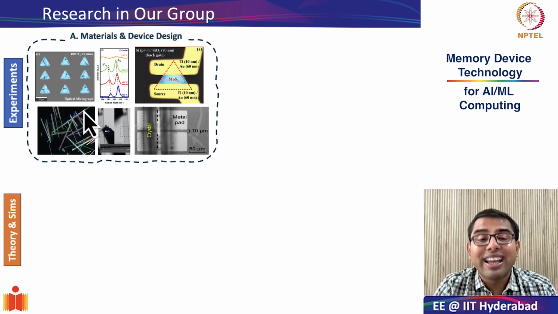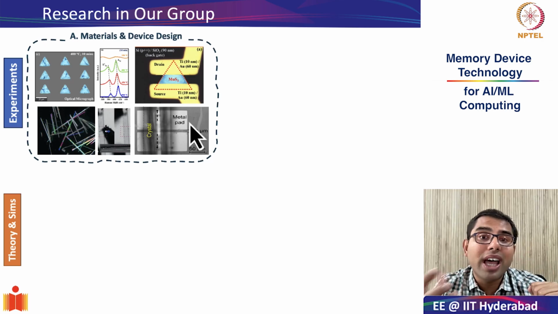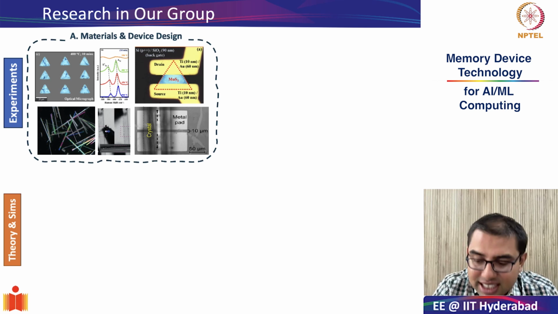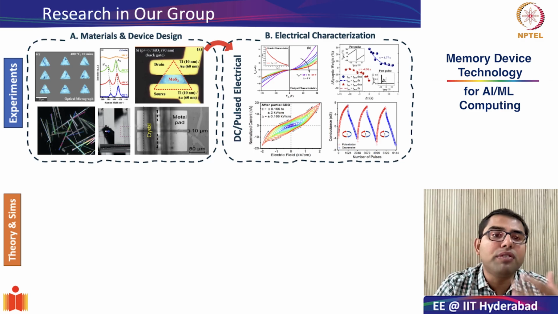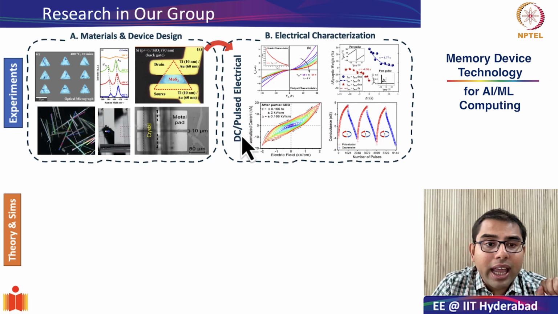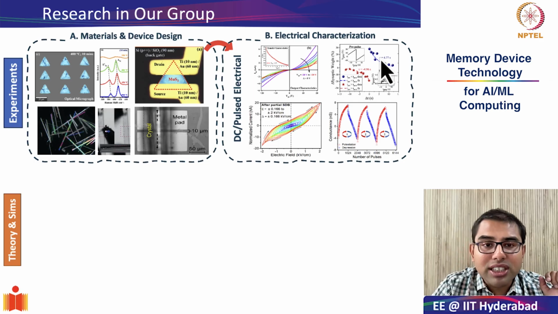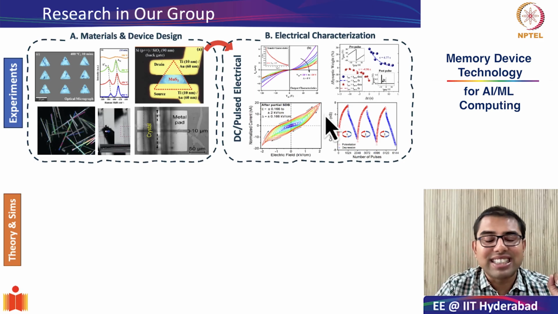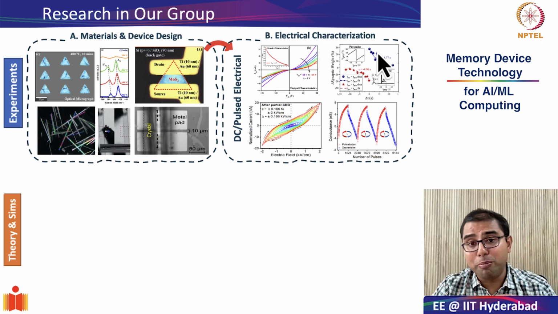We do growth and synthesis of these materials and also fabricate 2 and 3 terminal transistors and memristors. Next, taking these devices forward, we perform extensive electrical characterization in direct current and pulsed regimes. And this helps us to give you very interesting properties, as you can see, of ferroelectric hysteresis, potentiation and depression, and also spike timing dependent plasticity.